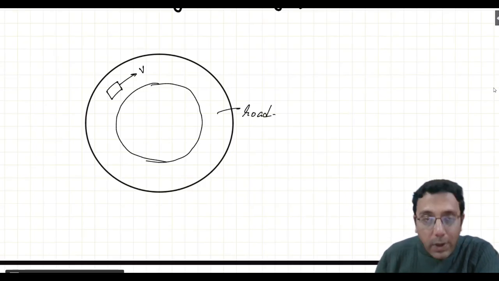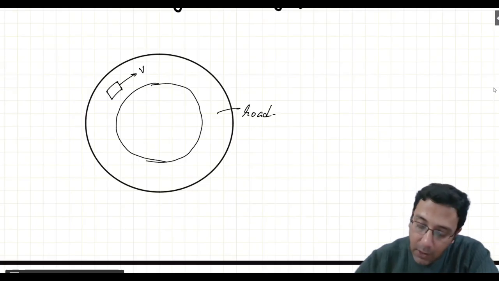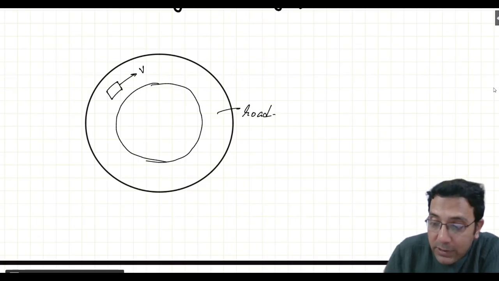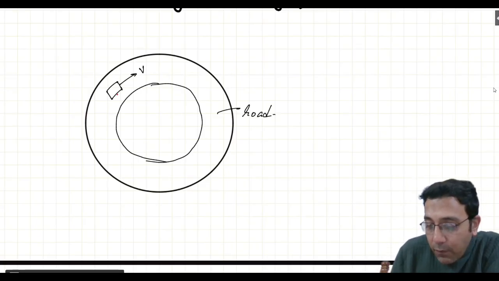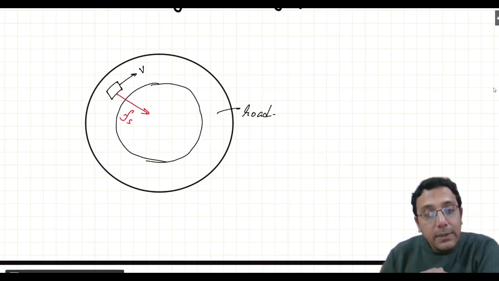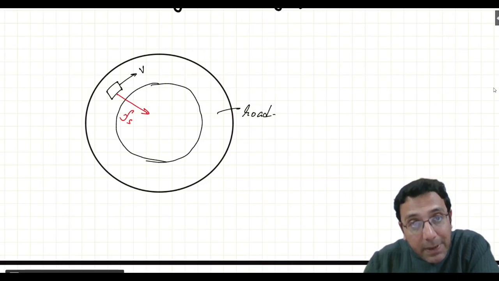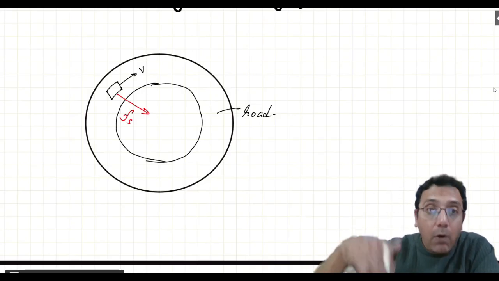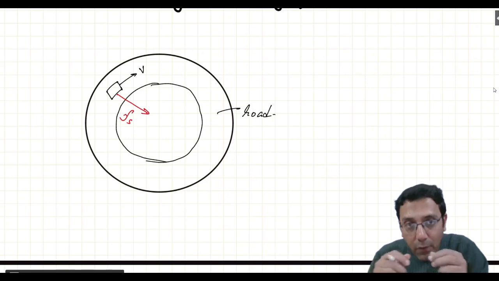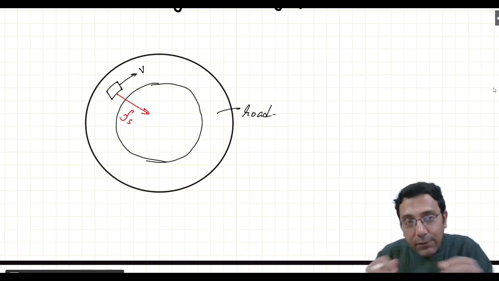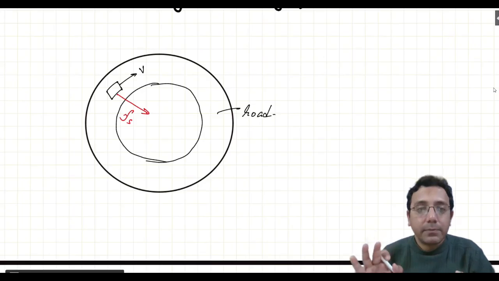So what is going to act towards the center? Only friction is going to act towards the center. The frictional force will actually prevent the body from sliding away or going out of the track. So the frictional force towards the center will be very much instrumental in keeping the body in the circular path.